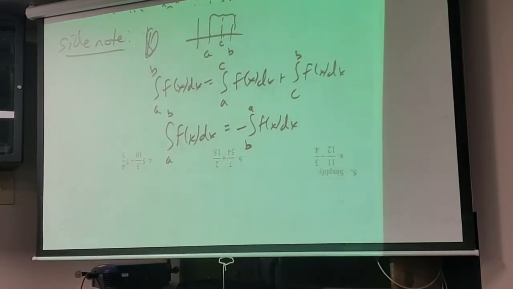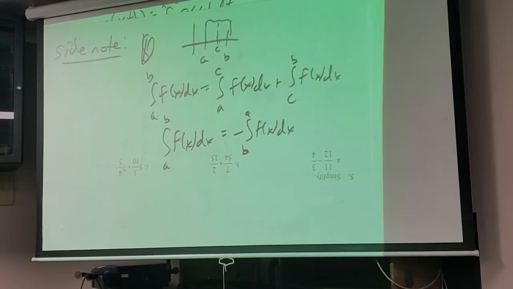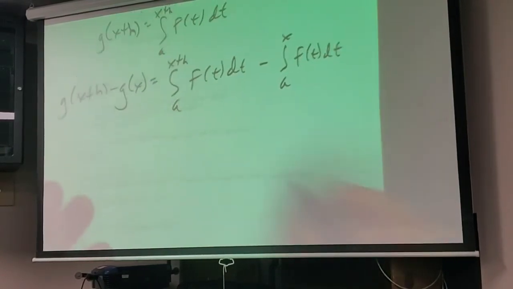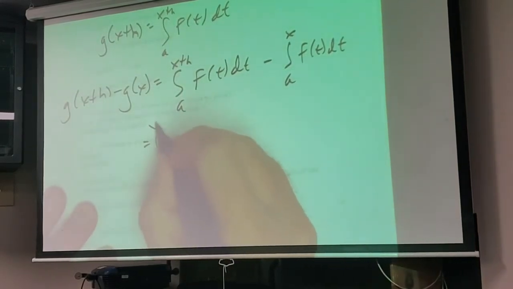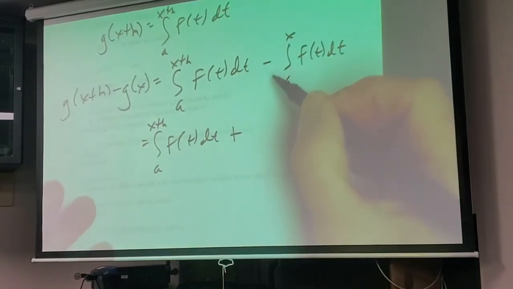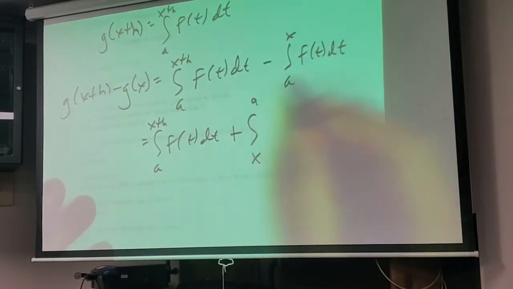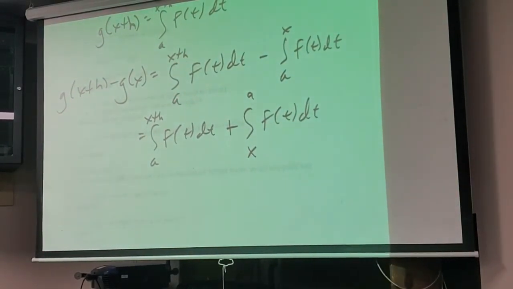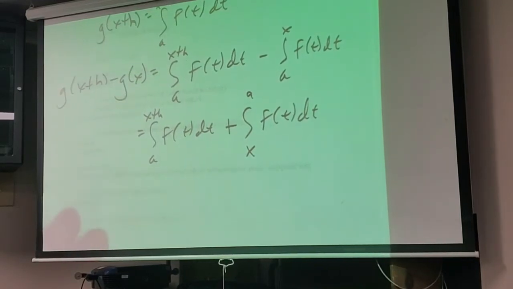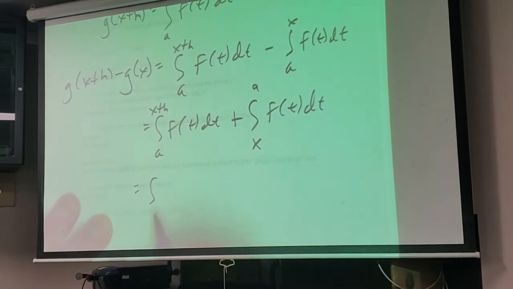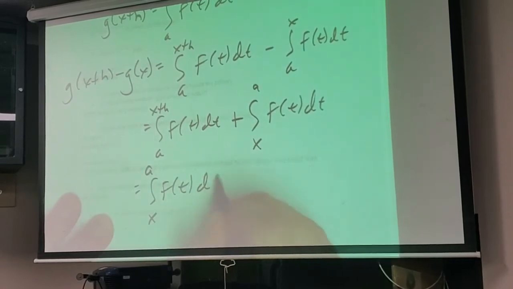With those two facts in mind, those are two properties we talked about already, I can rewrite this as a first step plus, and I'm just going to write more than I really have to. X to a. I'm just going to reorder these.